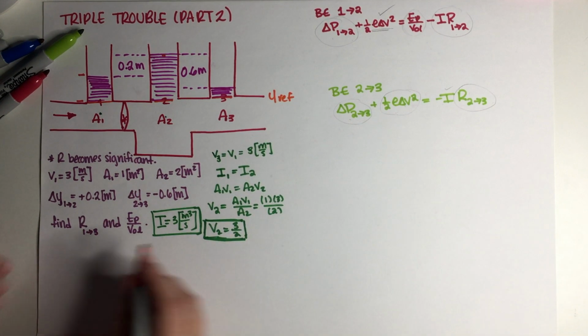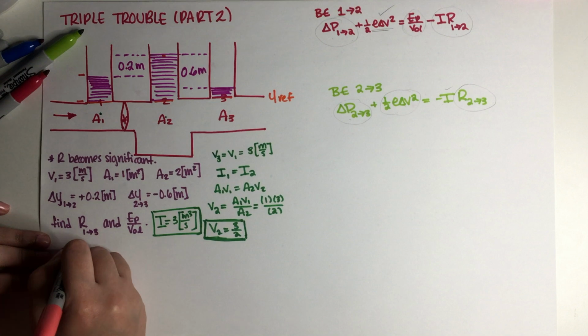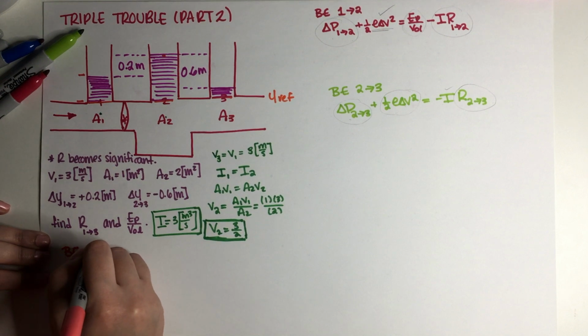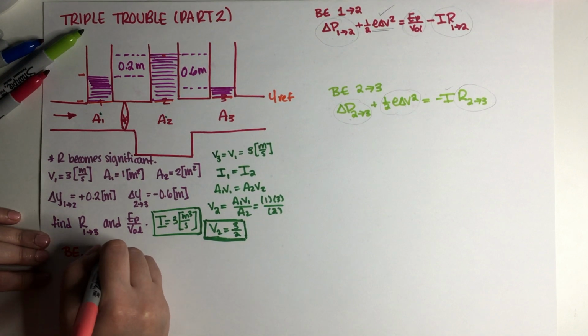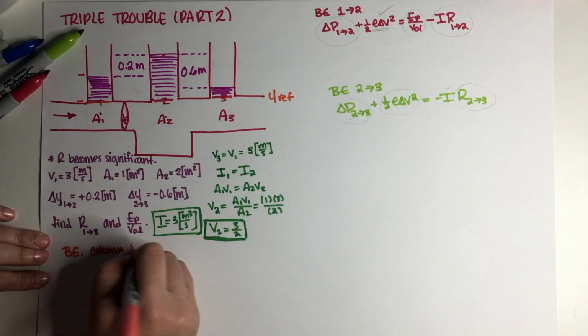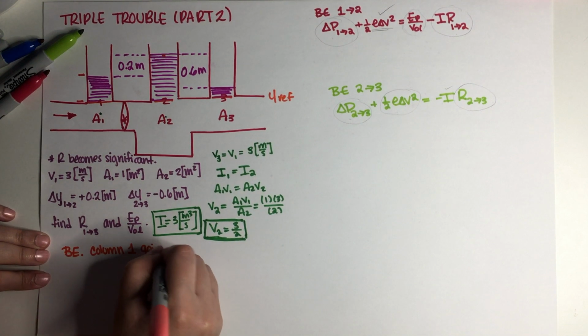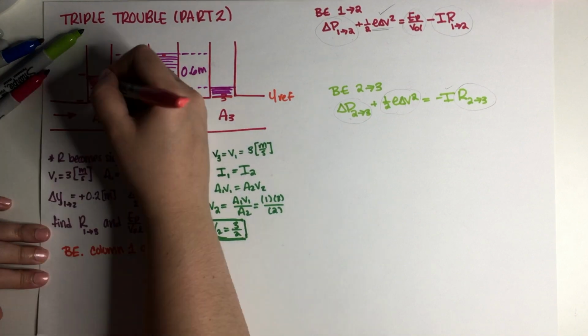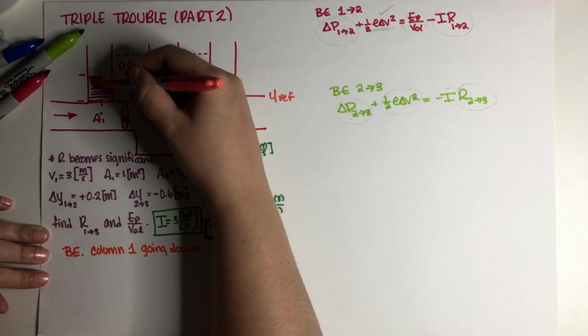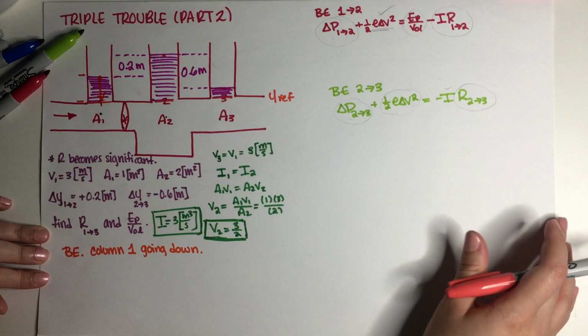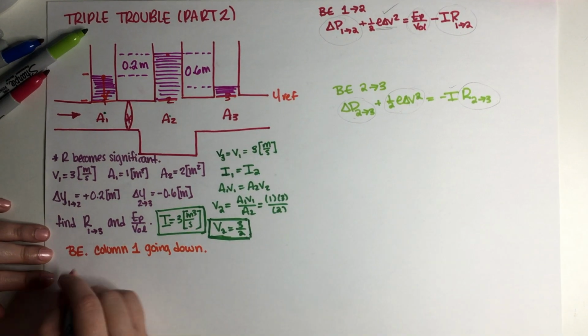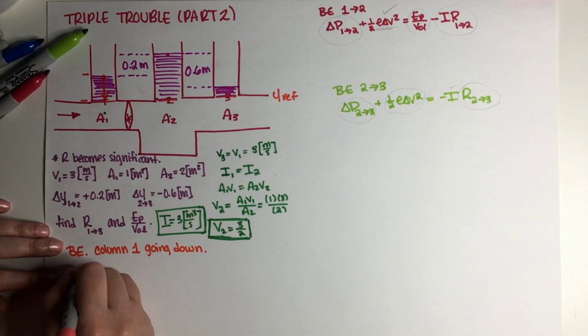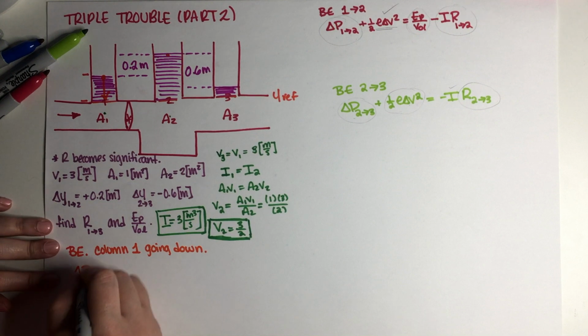Now I'm going to use my Bernoulli equation on column 1, going down. This means start over here and then go down like this. If I do this, this is delta P from top to bottom.